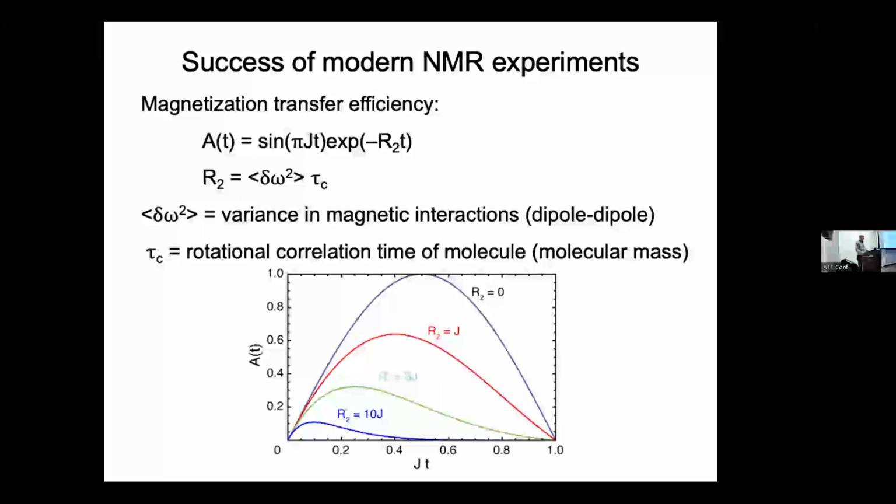I mean, the RNA people do this all the time. You have your 300 nucleotide RNA packaging signal or something. You put all 300 nucleotides into the NMR machine.